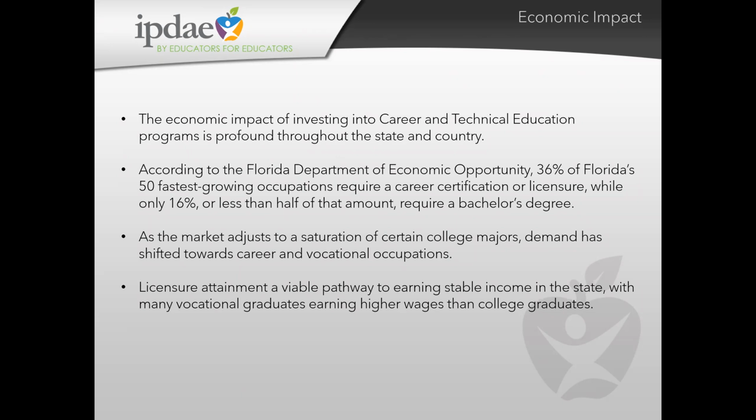Licensure attainment is a viable pathway to earning stable income in the state, with many vocational graduates earning higher wages than college graduates. In addition to increasing wages and a much higher percentage rate of available jobs, career and technical education students benefit from graduating with little to no student debt.